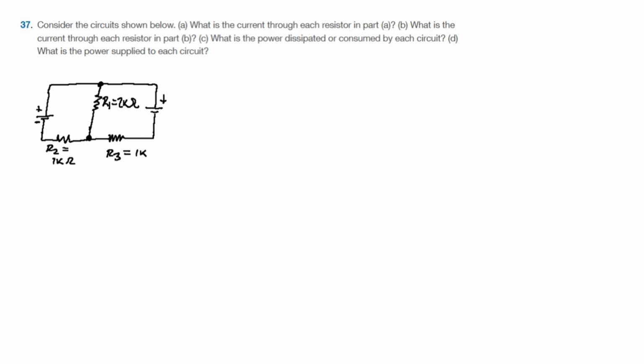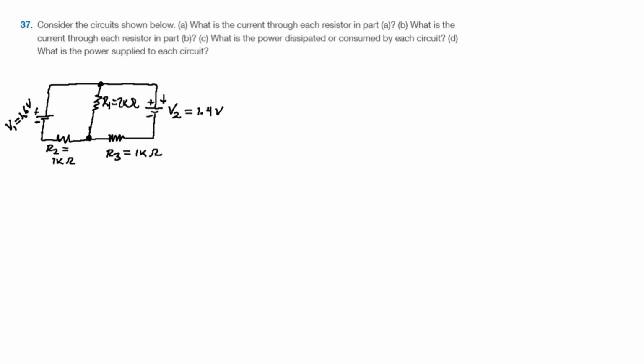Now, this battery has 1.4 volts. And this other battery over here, we will call battery 1, has 1.6 volts. So this is my circuit.